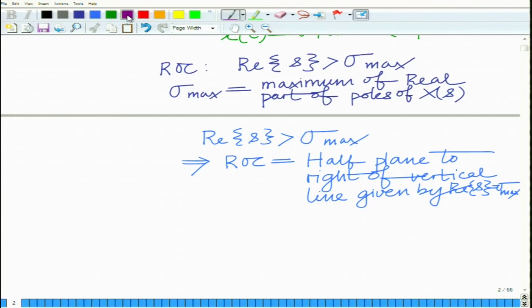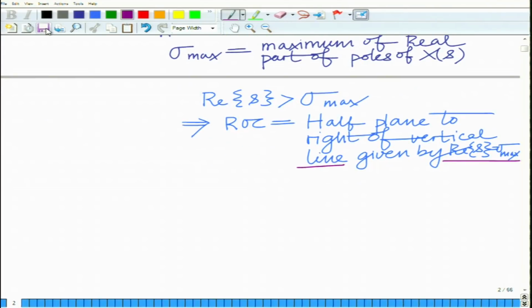So, this is to the right of the line given by real part of s equals sigma max. Since it is greater than the real parts of all the poles, sigma max is the maximum of the real part of all the poles, which implies that the ROC is to the right of all poles of X(s).